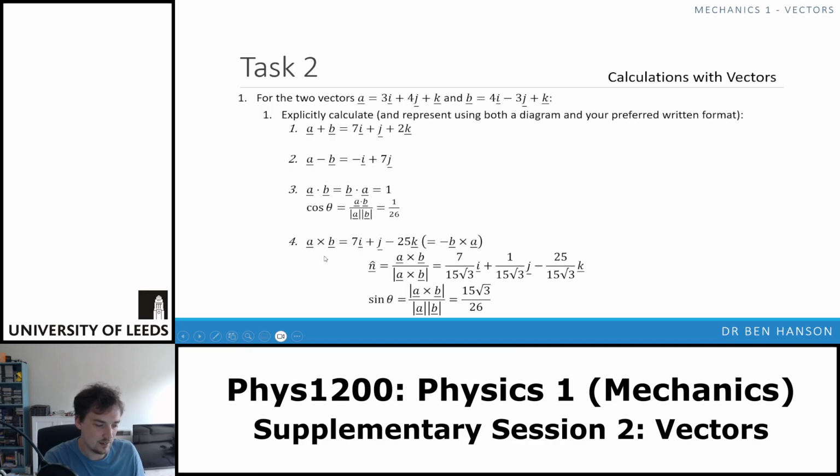And so the unit vector then of this. If a vector is its size multiplied by its direction, its magnitude multiplied by its direction, then the unit vector is simply the cross product vector divided by the magnitude of the cross product vector, just like any unit vector. If we calculate the magnitude of this, it's 7 squared plus 1 squared plus 25 squared, square rooted, which gives us this answer.